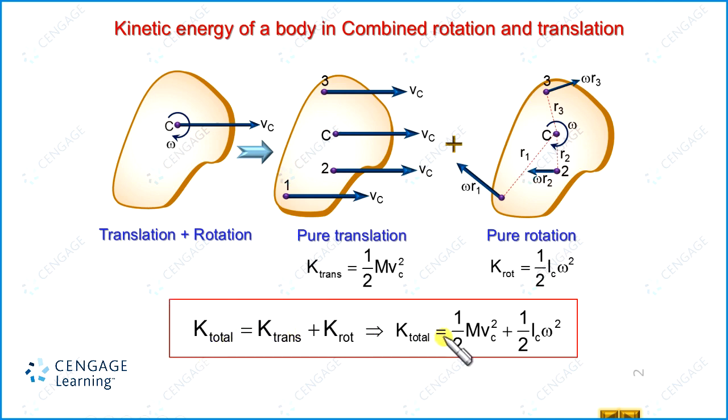Here the first term signifies the translational kinetic energy of the rigid body, which can be understood as the kinetic energy of the center of mass of the body. And the second term gives the kinetic energy of rotation of the body and it is called the rotational kinetic energy.